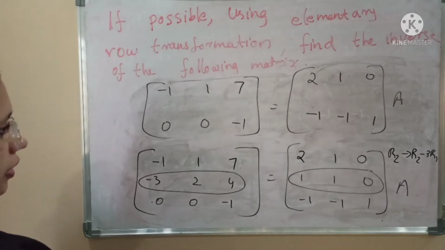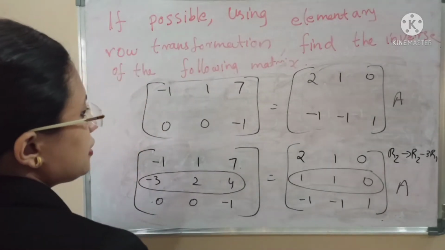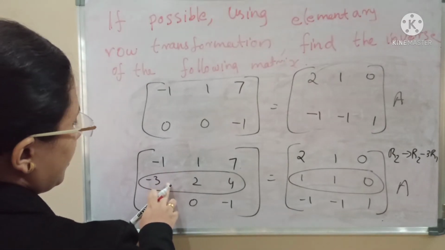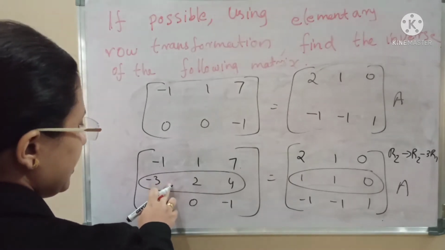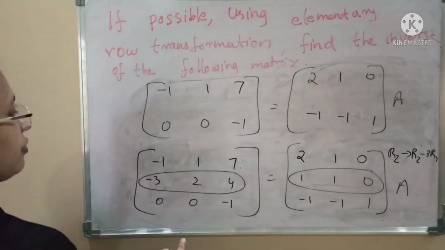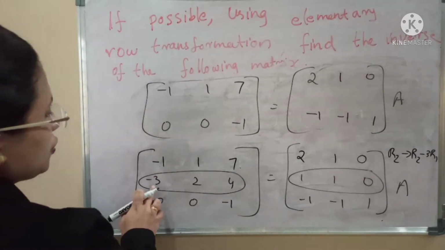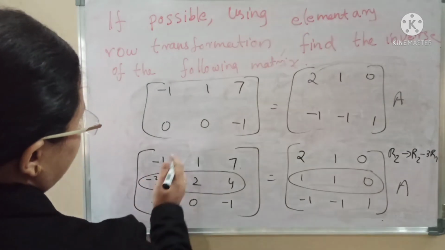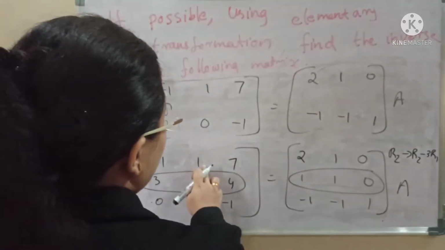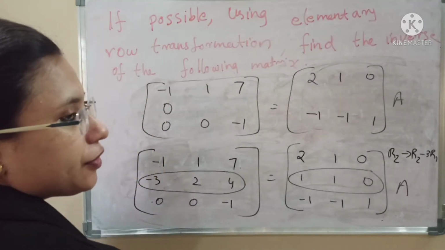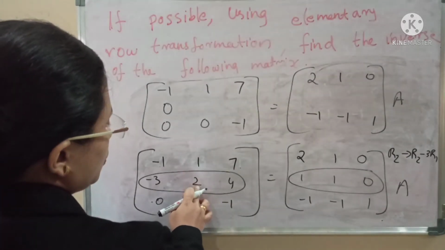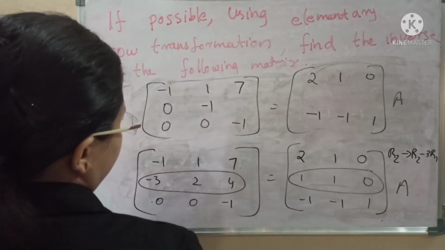R2 is R2 minus 3R1. When we multiply minus 1 with 3, it will be minus 3. So minus 3 minus minus 3 will be 0. Now 3 into 1 is 3, so for R2, 2 minus 3 will be minus 1.